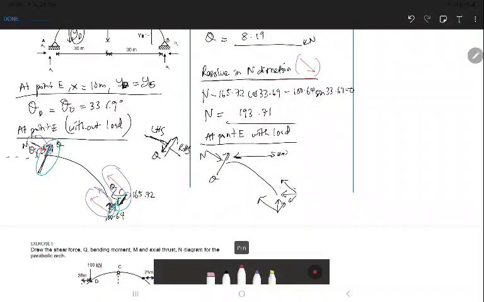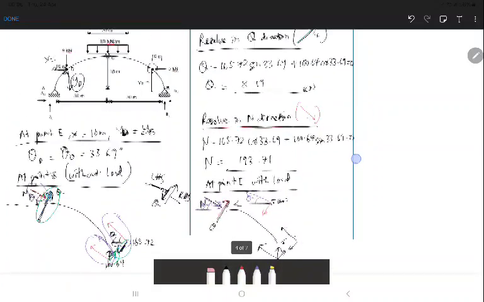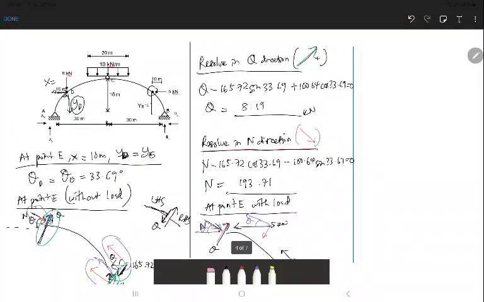Okay, so resolve Q in this direction and then N in this direction, theta here, so similar with here, congruent. Okay, so resolve. Actually it's similar with this equation and this equation, but you have to include this 5 kilonewton.